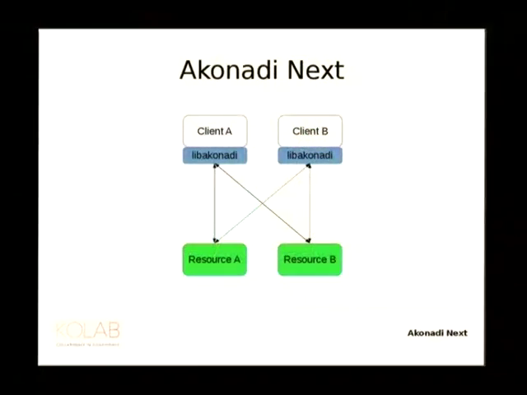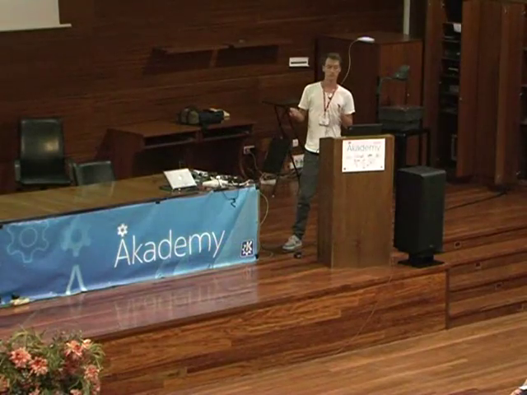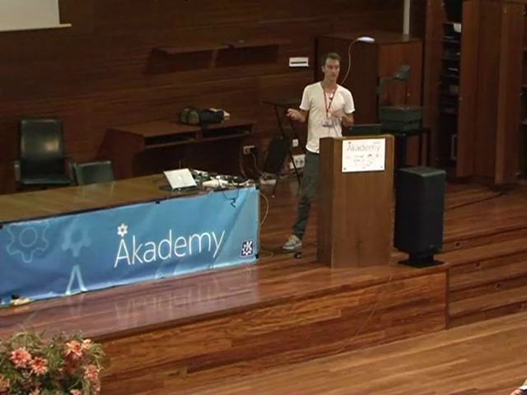So with Akonadi Next, we have a serverless design. We have applications that share the separate resource processes still, but each application has direct in-process access to the data, and each client application connects to all individual resources that are available.